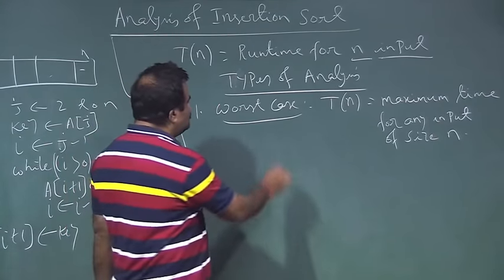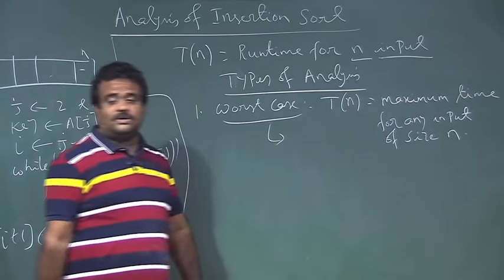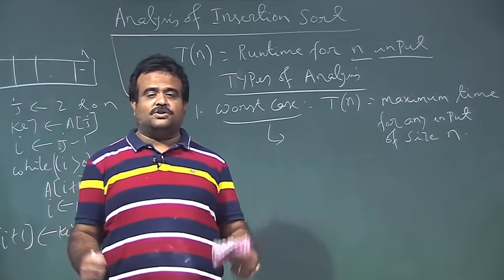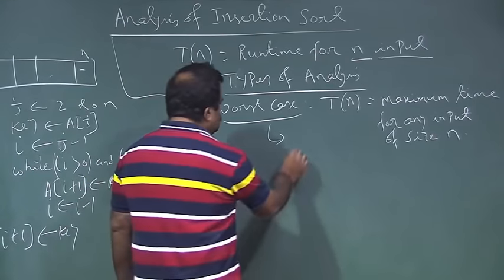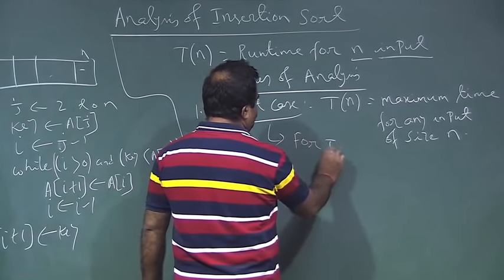So for insertion sort, when is the worst case? Insertion sort's worst case is if the input is reverse sorted, because then it takes maximum time.